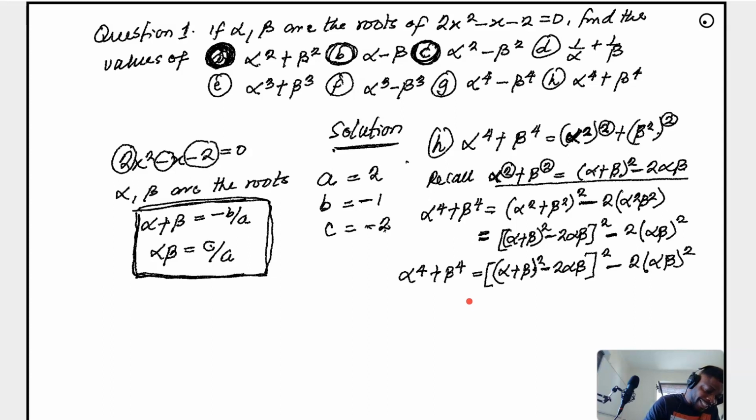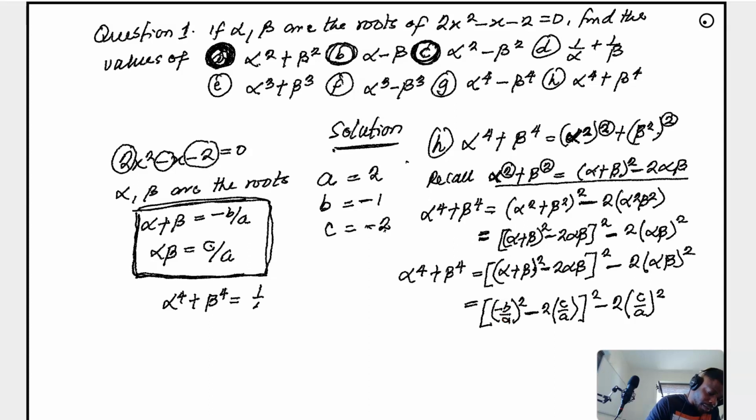So let's put our formula now. Alpha plus beta squared. Alpha plus beta is minus b over a squared minus 2 alpha beta, which is c over a. Okay? Then alpha beta is c over a. So here we have alpha raised by 4 plus beta raised by 4. So minus b over a is same thing as 1 over 2.